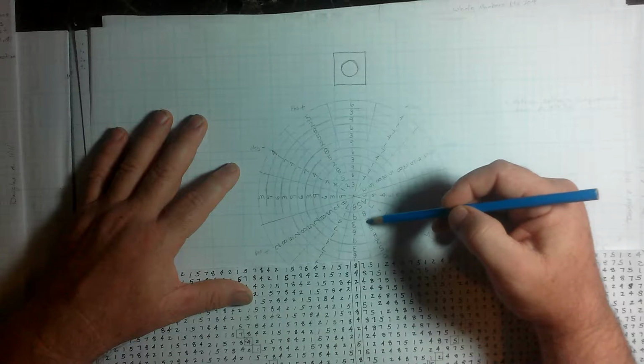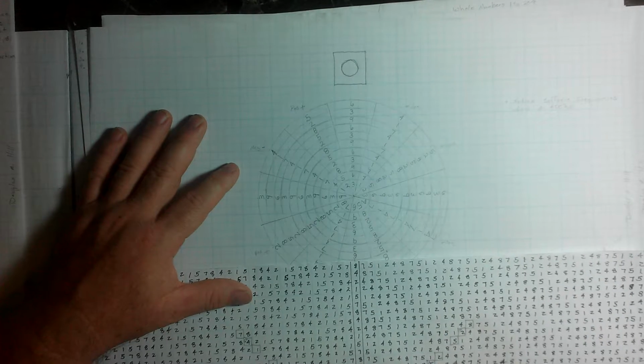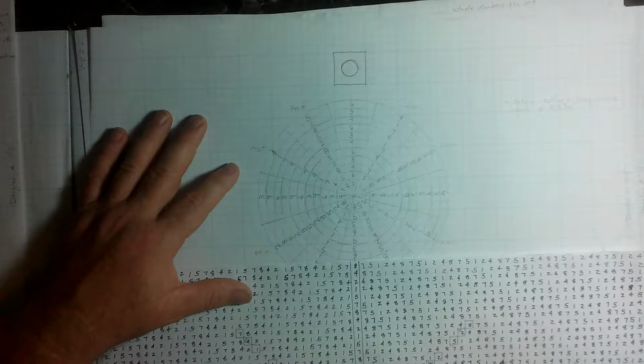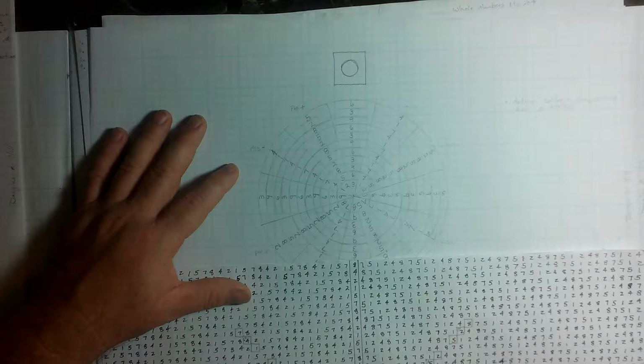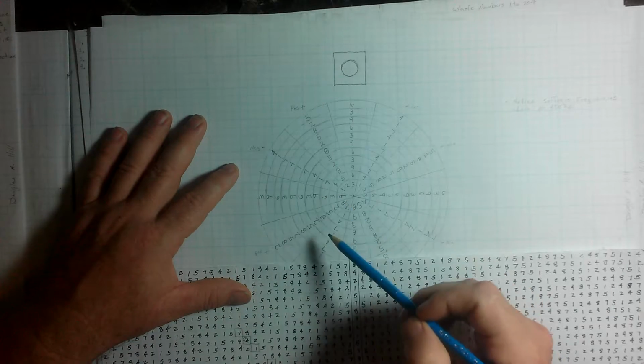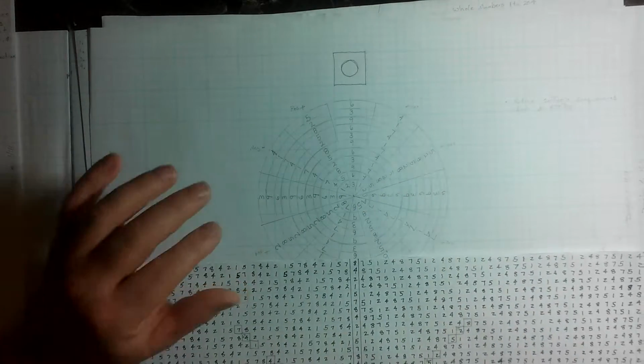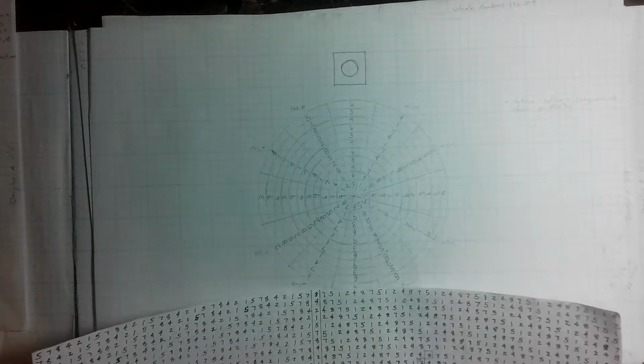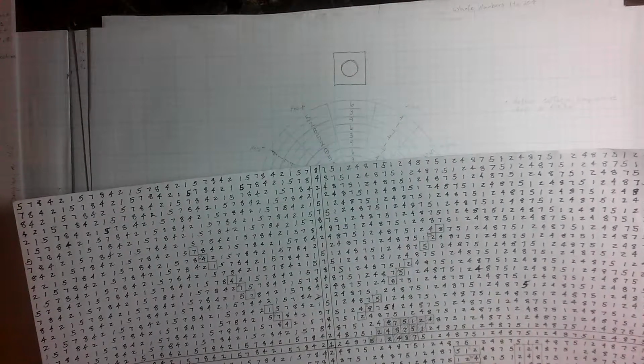Then we have 582, 582, depending on which axis you jump on. All of these numbers being represented here are represented here on this wheel, either moving towards center or moving away from center.